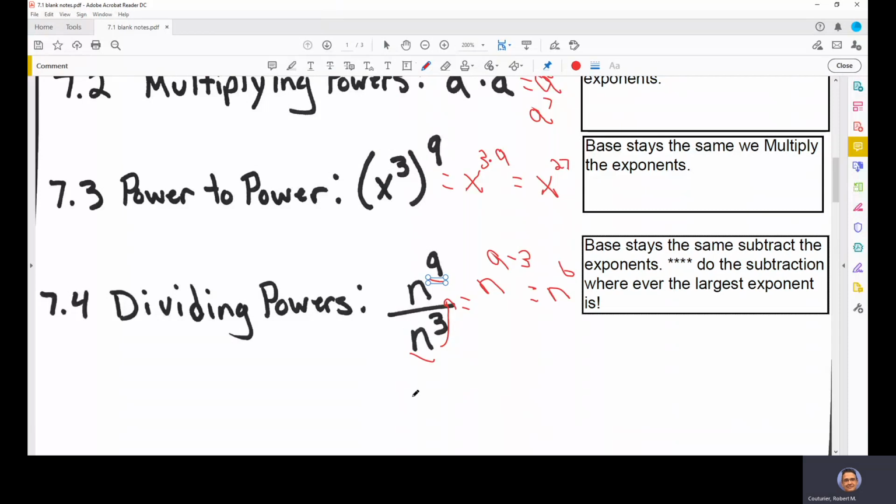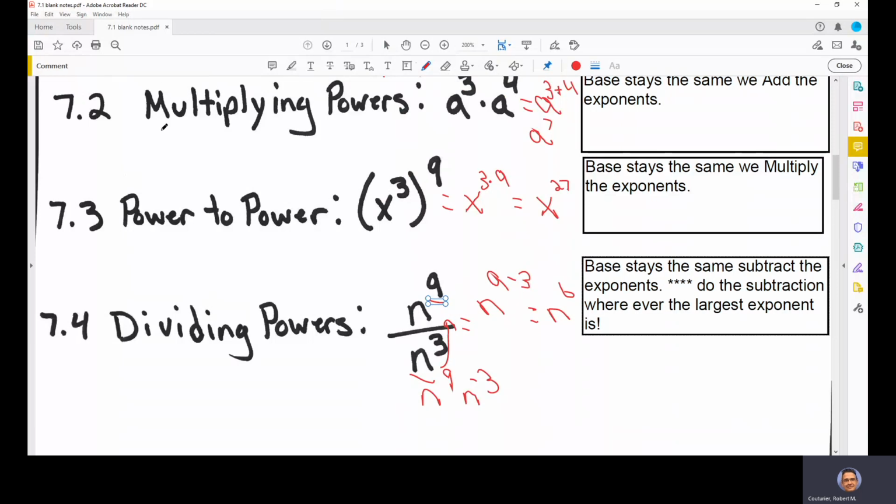So if we want to follow our rules exactly to the letter so we know what's going on, we have n to the 9th power. We took this and we moved it upstairs. It becomes n to the -3 power. Then we applied another rule, this multiplication rule that said base stays the same, add the exponents. Okay, so base stays the same and we have 9 minus 3.